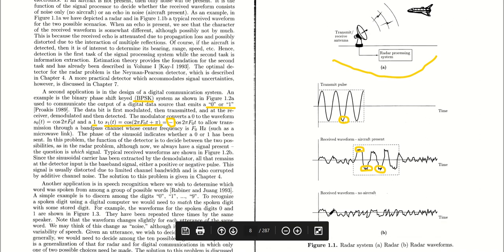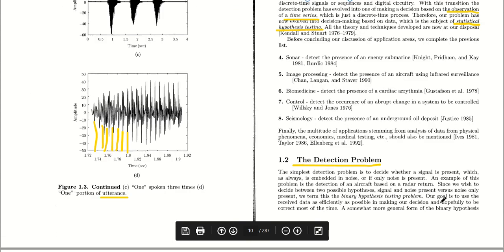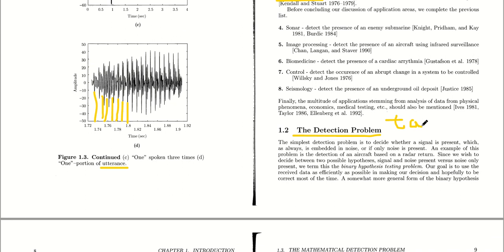As a result, you will see no reflection. So that is the decision making for target present that we call target problem. Meaning whether or not the target is present or not present.